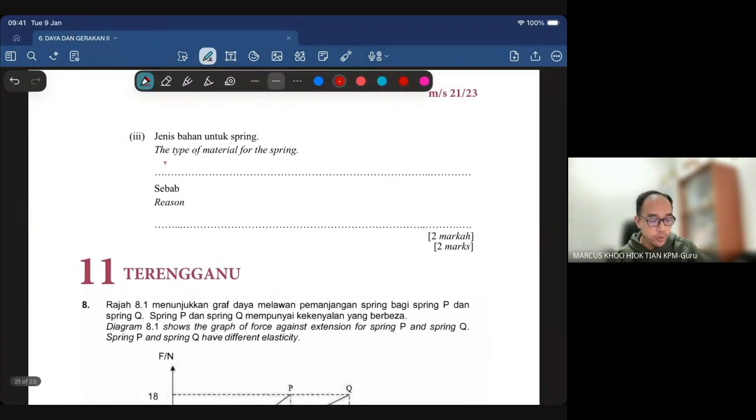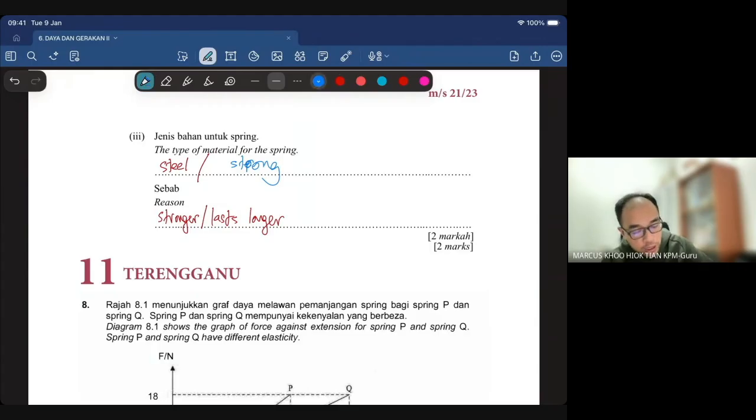Next, the type of material. Usually we will use steel, or I guess you can use titanium, or you can also just say a strong kind of material. If you're going to say steel, then the answer can be stronger, or lasts longer.